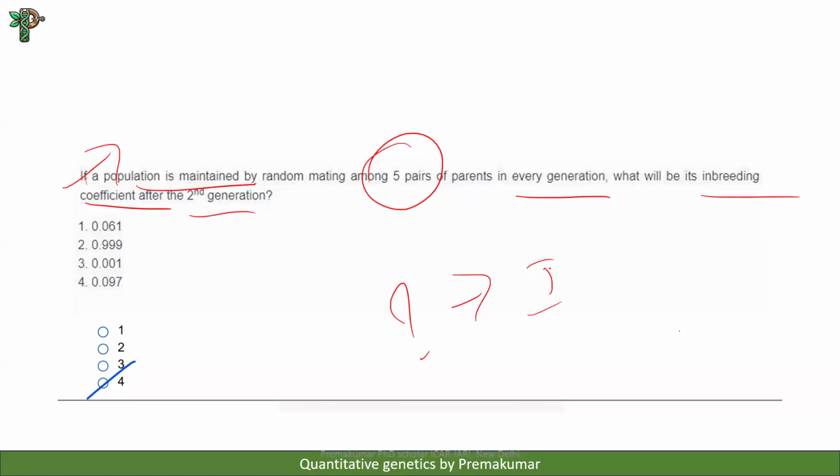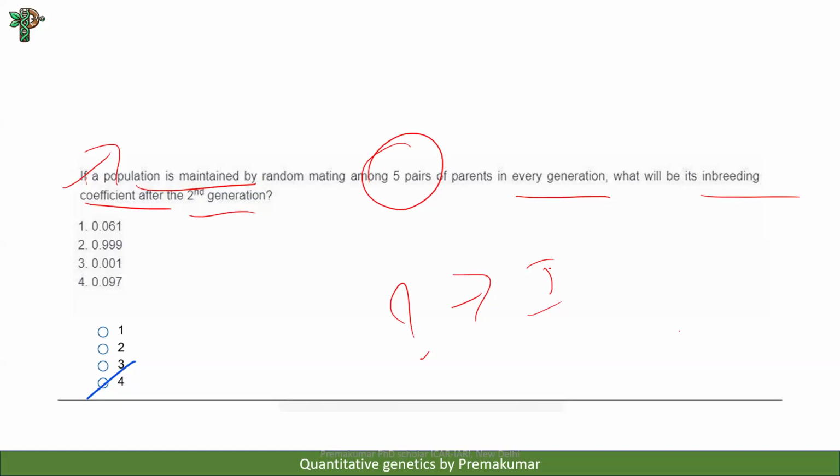I will solve by pen so that it will be easy. We have five pairs, and in every generation, what will be the inbreeding coefficient after the second generation? You simply substitute these five pairs of parents.